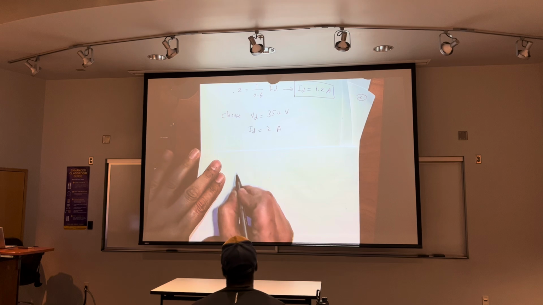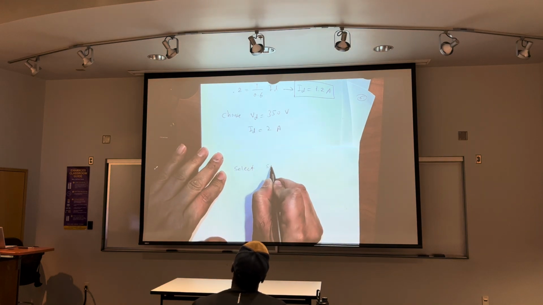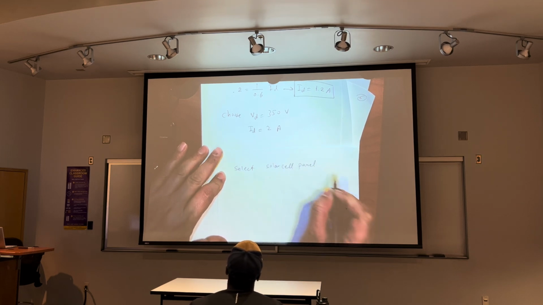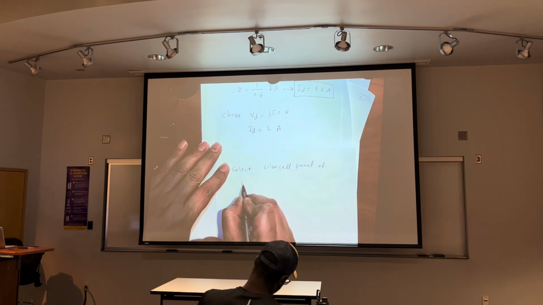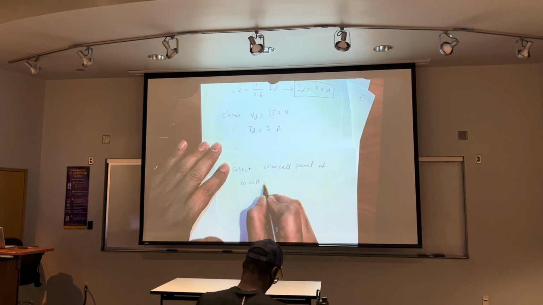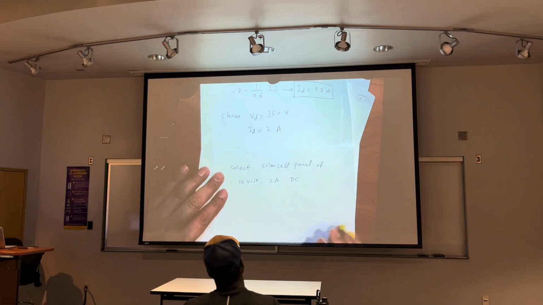So select a solar cell panel of 10 volt, 2 ampere DC rating.